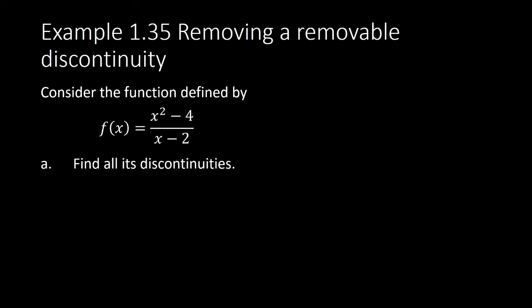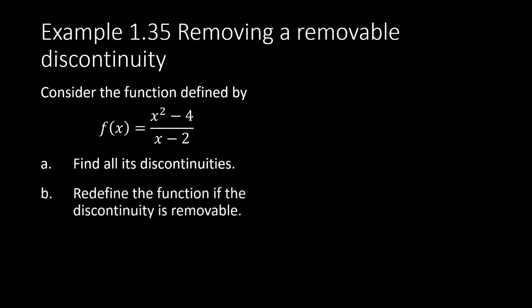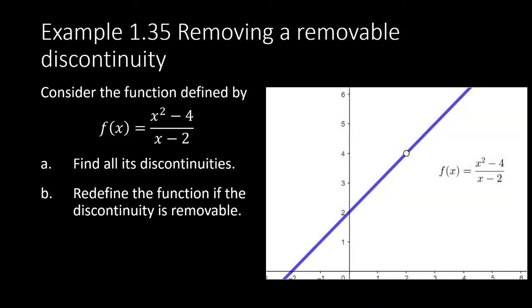Find all its discontinuities. Redefine the function if the discontinuity is removable. This function is a rational function, although the polynomial in the numerator and the polynomial in the denominator have a common factor.